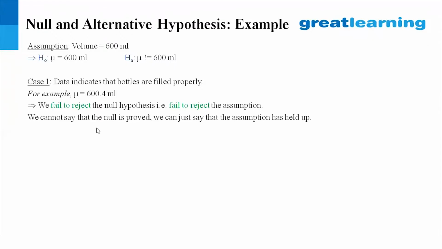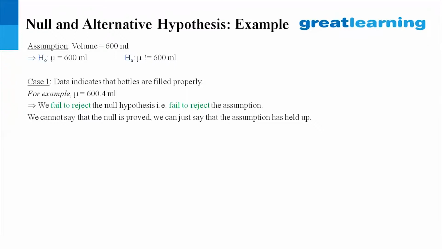Why do you fail to reject the null hypothesis? Because exactly you're not getting 600 ml. Our assumption of 600 ml is not exactly coming to be true, but there comes the level of significance. We were making that claim that it is going to be 600 ml, but it is not exactly 600 ml. So you cannot say that you're proving your null hypothesis to be true.